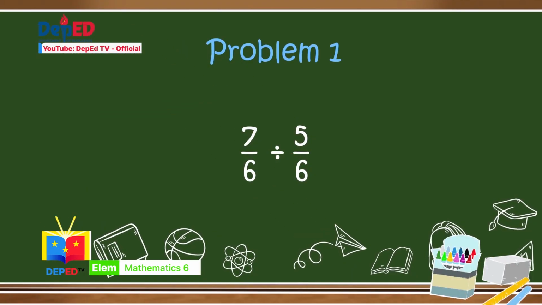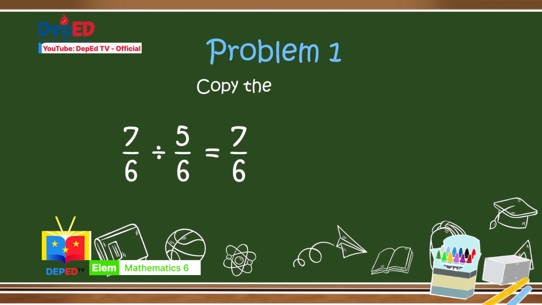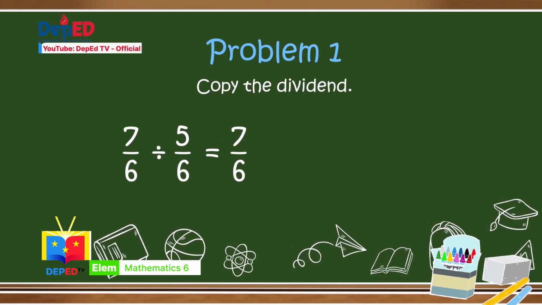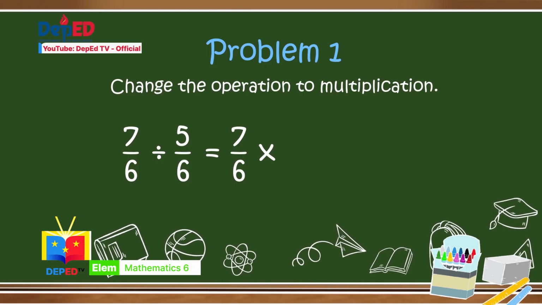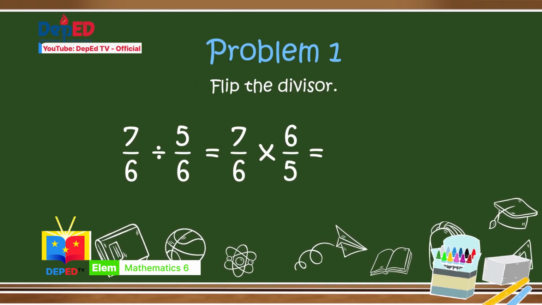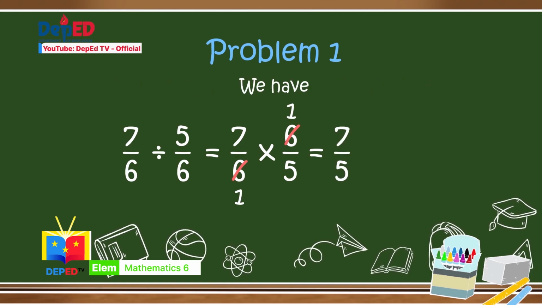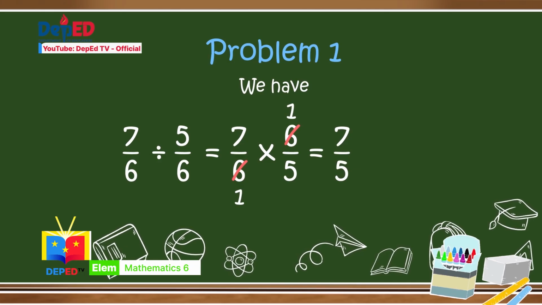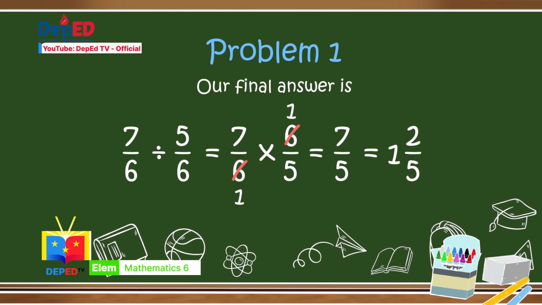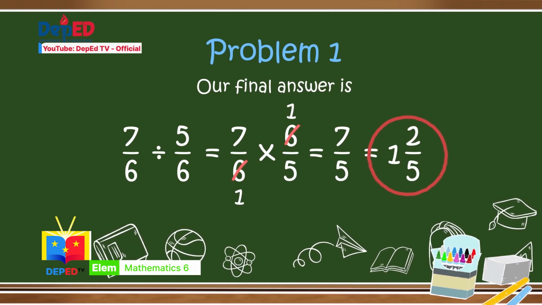Number 1. 7/6 divided by 5/6. Copy the dividend. Change the operation to multiplication. Flip the divisor. Multiply using the cancellation method. We have 7/5. So our final answer is 1 2/5.